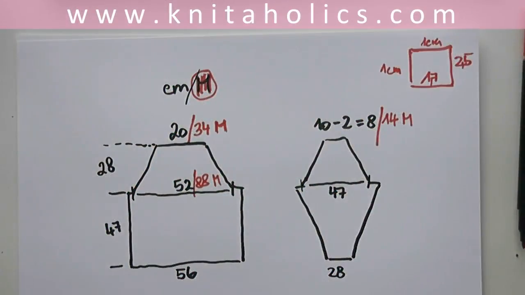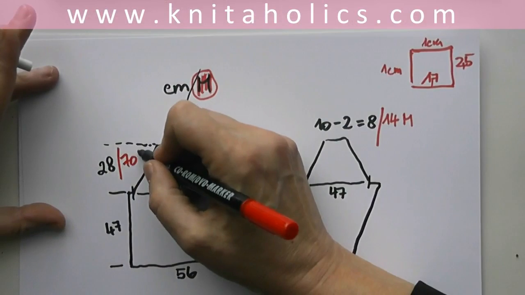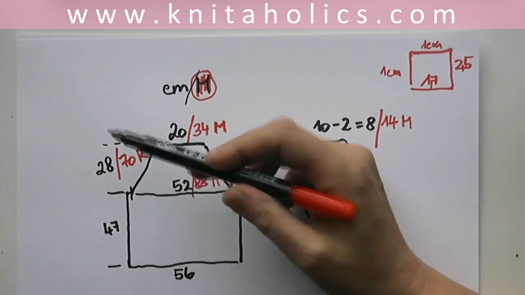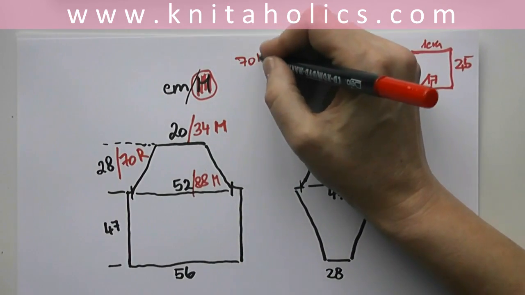So the M is for stitches and the R for rounds and rows, of course. We must not mix up stitches and rows or rounds. So we have 70 rows for the height of the raglan part, and now we calculate the increases.